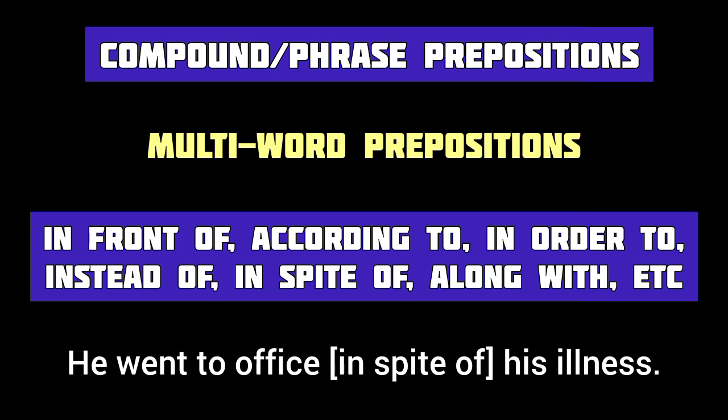Here in spite of is a compound preposition coming before the noun illness and showing its relationship of contrast with the verb went. Here the compound preposition in spite of is showing a sense of contrast between his act of going to office and his illness. So it's clear that simple prepositions consist of just one word, whereas compound prepositions have two or more words.